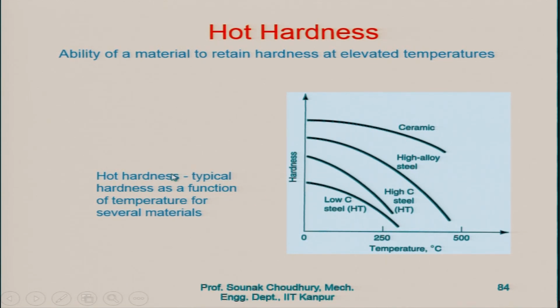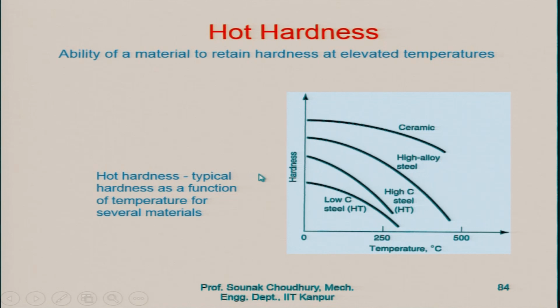Okay. Now, typical hardness as a function of temperature for several materials is shown here. These are 4 different materials, and ceramic is the best as long as the hot hardness is concerned, and therefore, as I told you earlier also, ceramic material is one that we normally use when high temperature is involved.